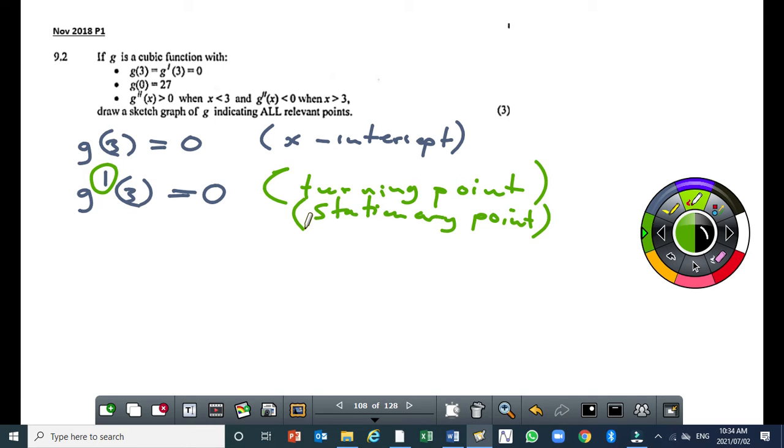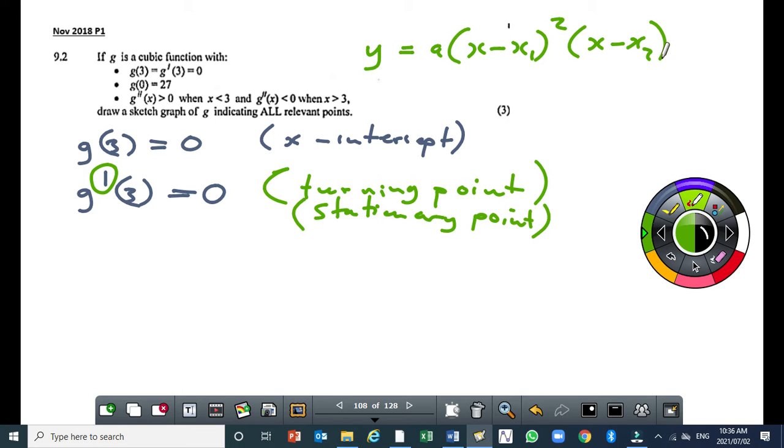One of the two turning points is on the x-axis, which means the general equation of this graph, if I were to write it, would be y equal to a times (x minus x1) squared times (x minus x2). So we are going to have a turning point on the x-axis.